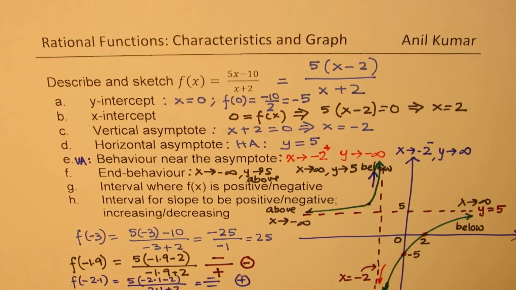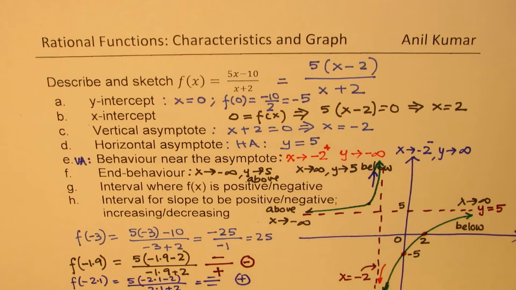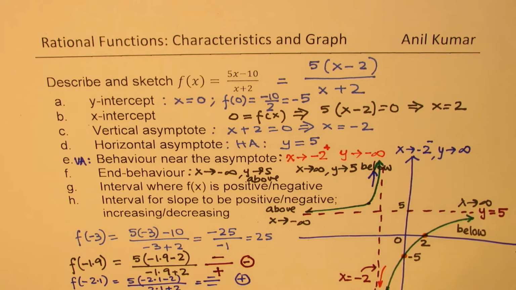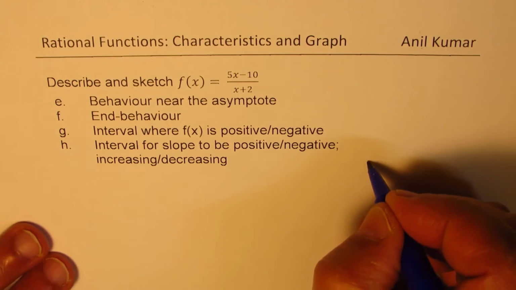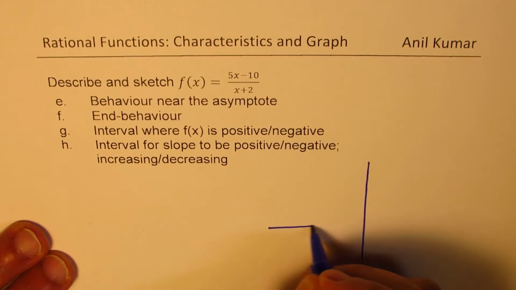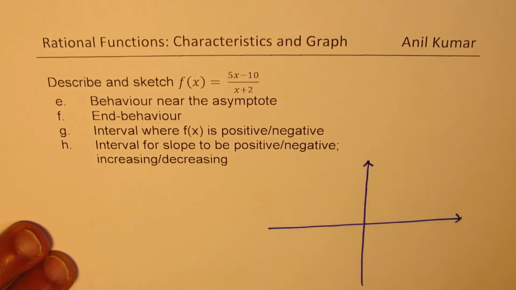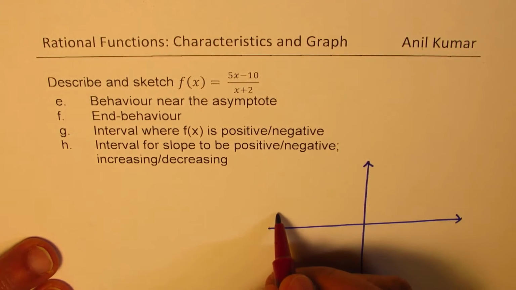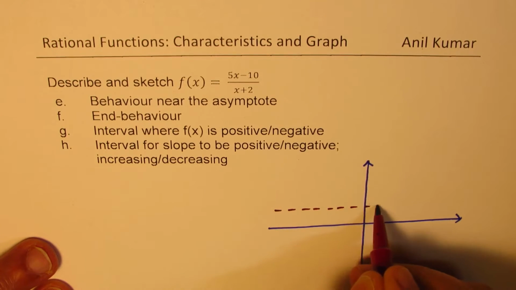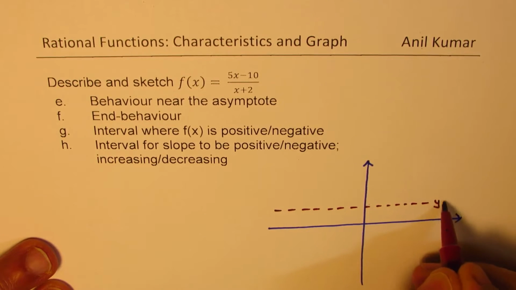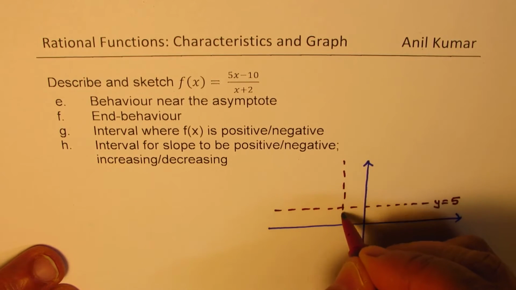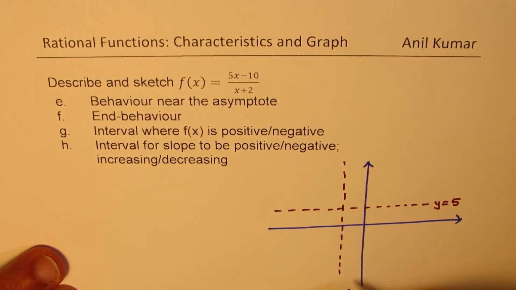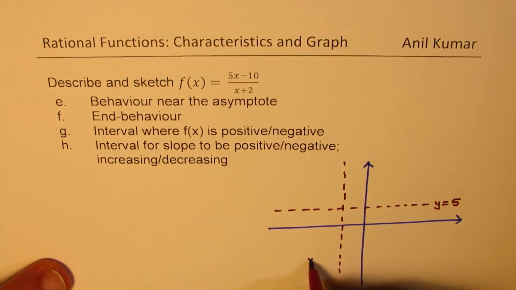Let's take it on a fresh page. So I'll redraw all this, and then we'll discuss the function and its slope. We again have the same function here, but let me redraw the graph. So what we have here is a horizontal asymptote at y equals 5, a vertical asymptote at x equals -2.